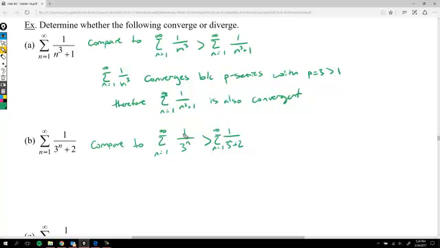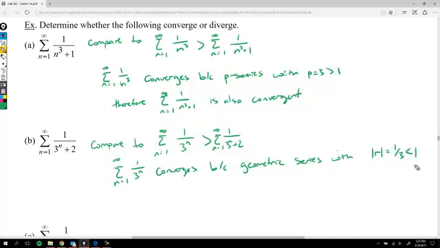So I see that my comparison series is larger. I know that 1 over 3 to the n converges because it's a geometric series with my ratio equaling 1/3, which is less than 1.